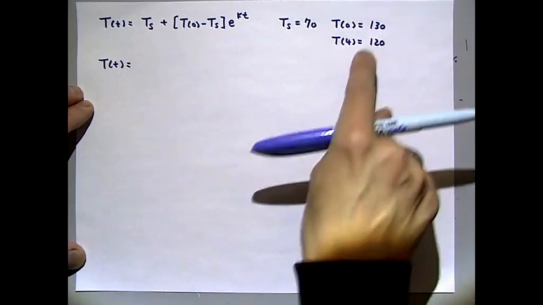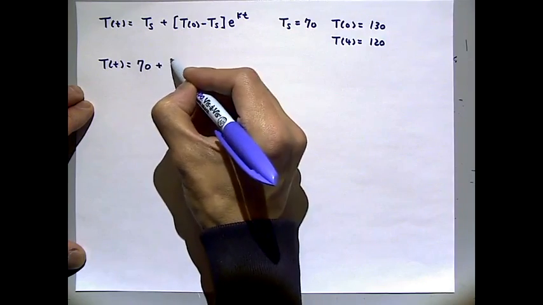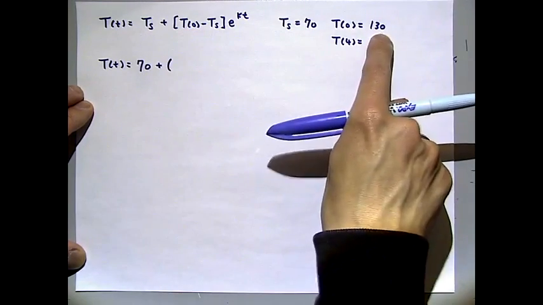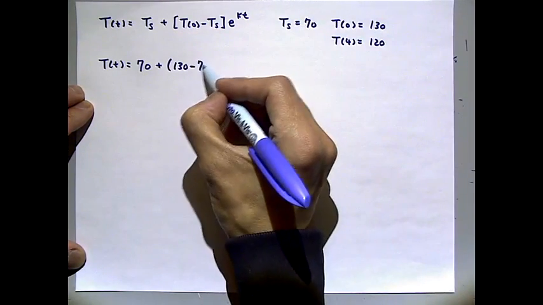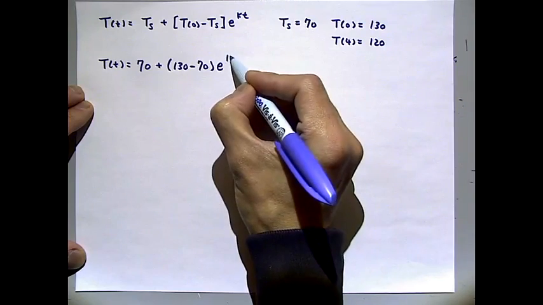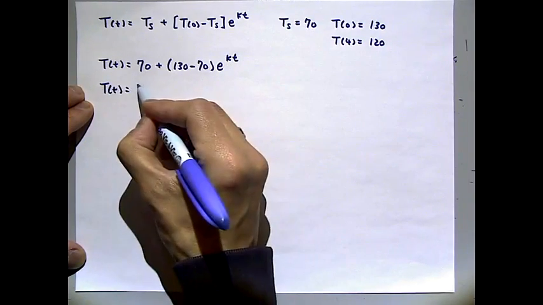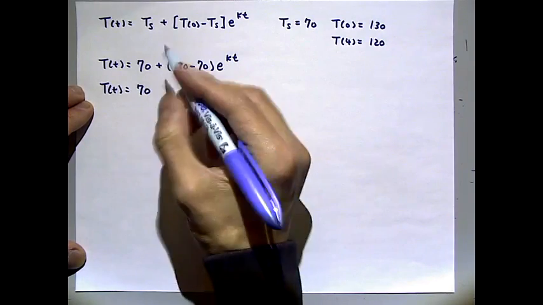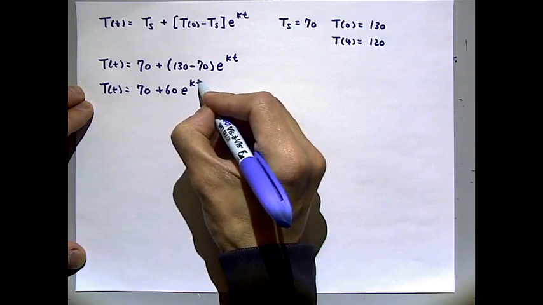That equation now, putting the Ts value, we get 70 plus initial coffee temperature, 130, minus the surrounding temperature, so we get 70 plus 60 e to the kt.